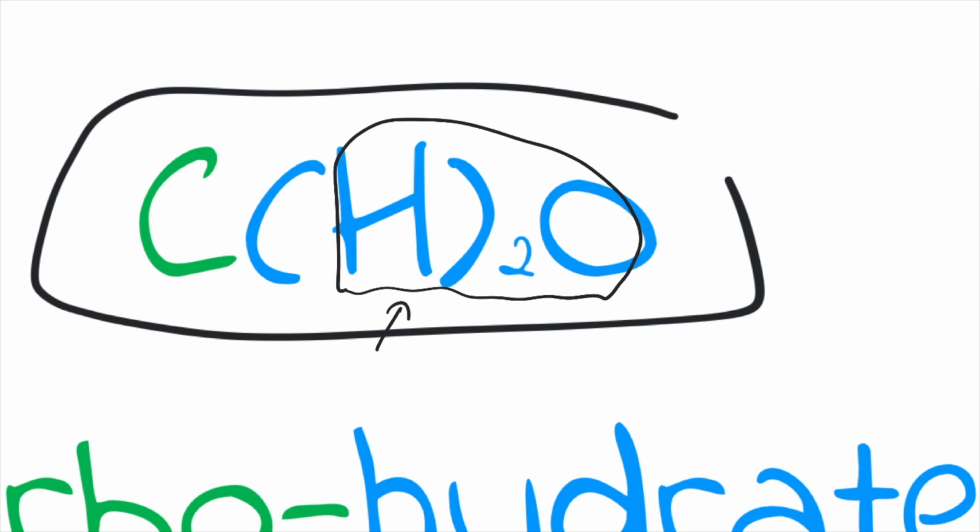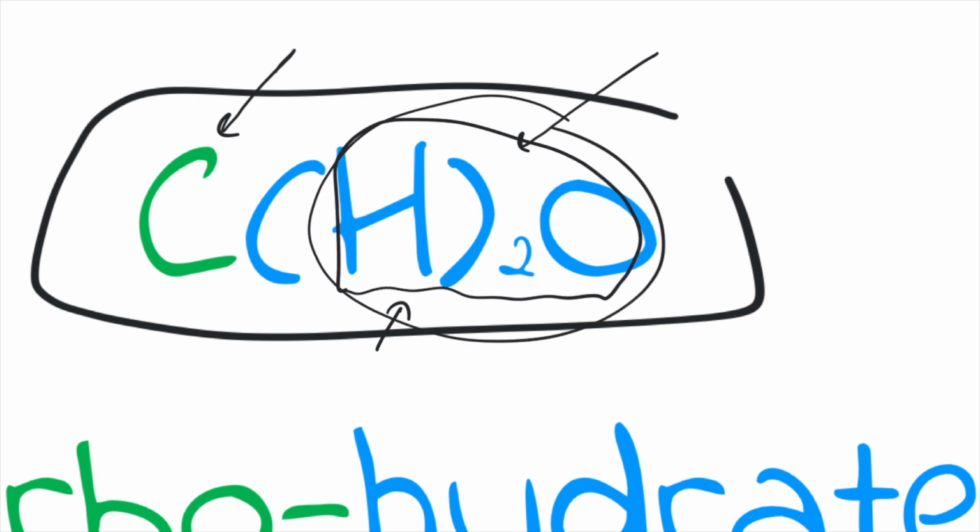The ratio is quite similar to the one in water, because there are twice as many hydrogens as oxygens. And that's where the word carbohydrate comes from. It's carbon hydrate, because there is this unique ratio of 2 hydrogens for every oxygen.